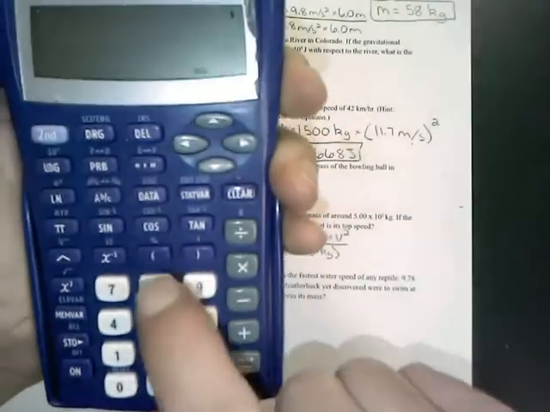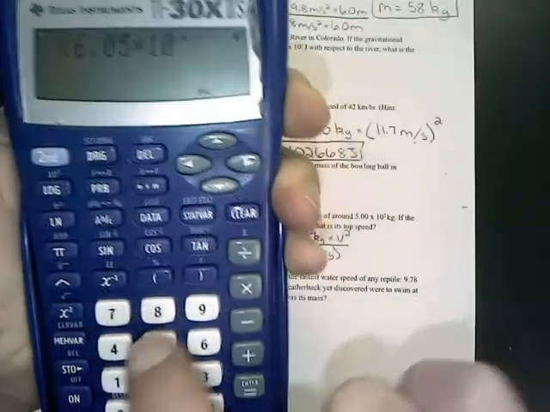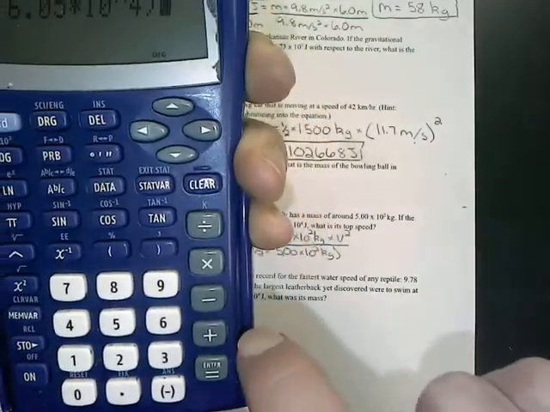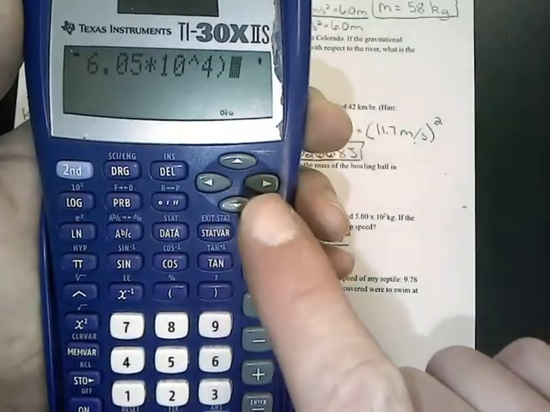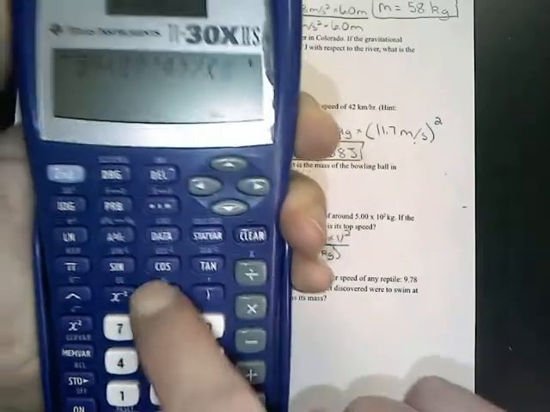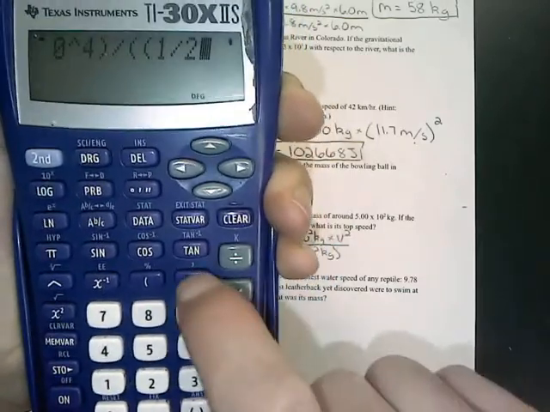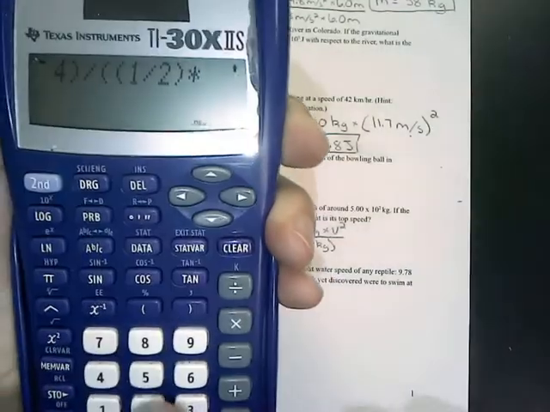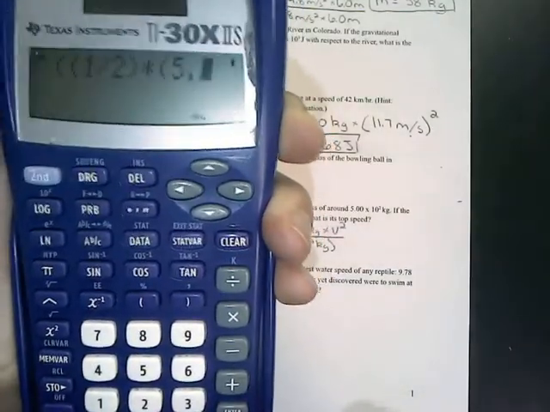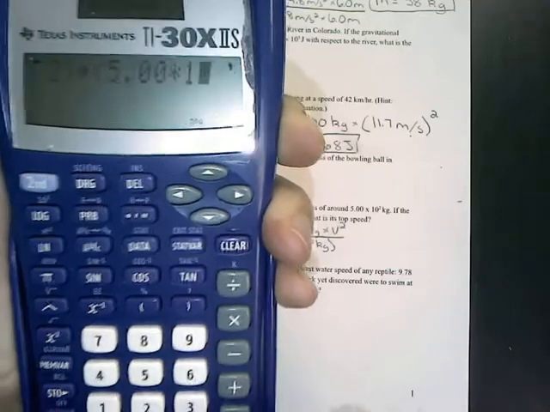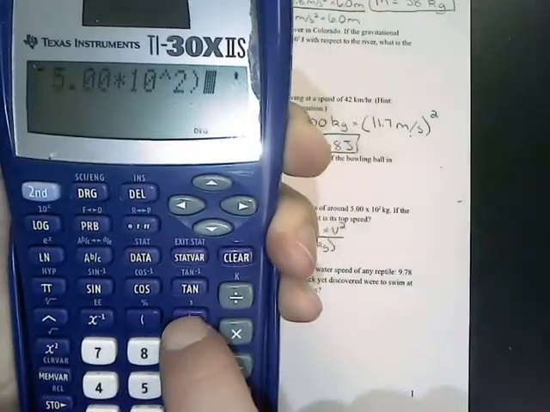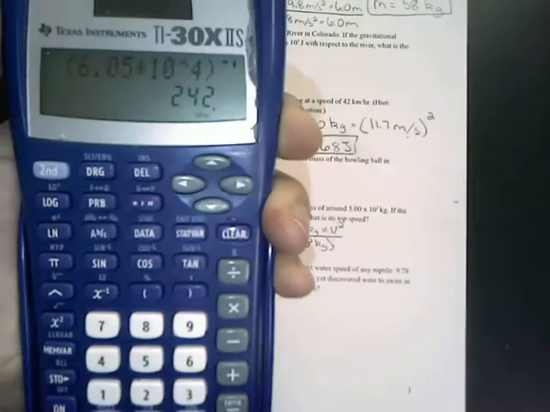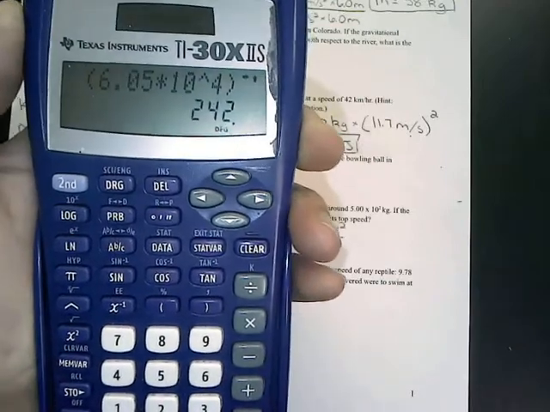So in our calculators, there's going to be a lot of parentheses here. So we're going to take 6.05 times 10 to the fourth. That's our maximum amount of energy here. We're going to divide that by, put two sets of parentheses, so you have half. Then you multiply that half by the polar bear's mass, which is, again, other parentheses, 5.00 times 10 to the second. You need to put two sets of parentheses here, and you get 242.